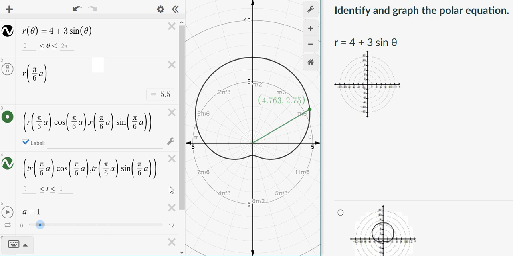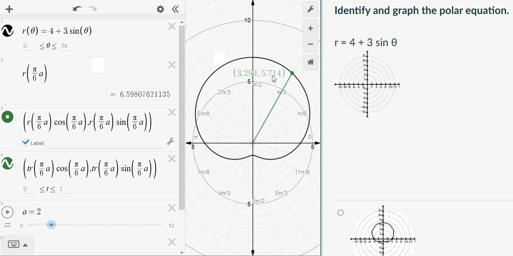And then similarly, when the angle is pi over 3, you then have r is 6.5. Again, here is 5, here is 6, and here will be 6.59 something from the origin to this place.